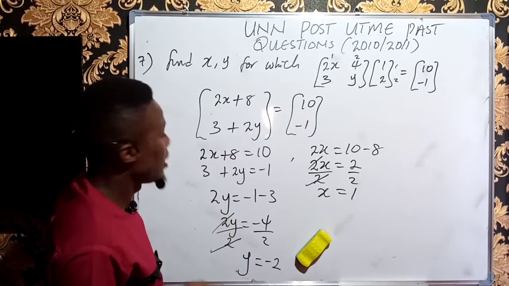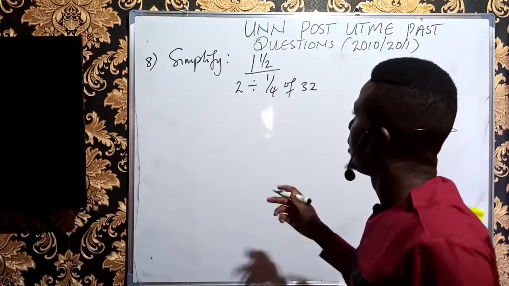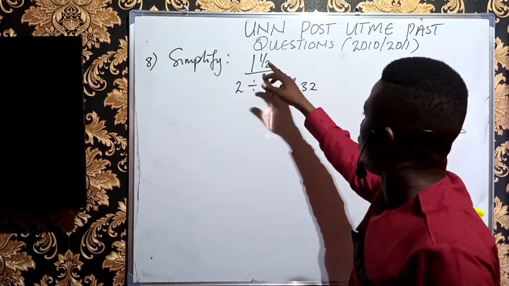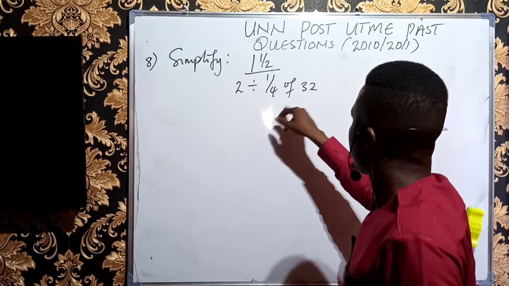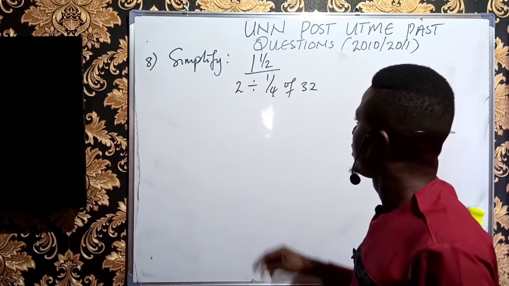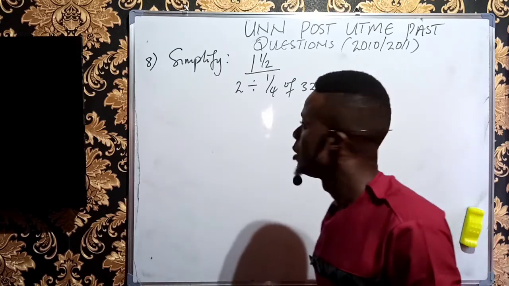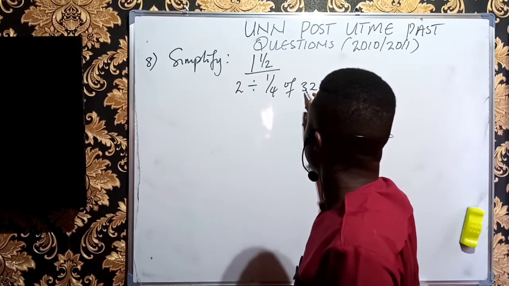Okay, so let's take the number 8 question. Number 8 says we should simplify one whole number 1 over 2 over 2 divided by 1 over 4 of 32. So you must apply BODMAS. But before that, let us consider the denominator. From the denominator, we'll have 2 divided by 1 over 4 of 32.